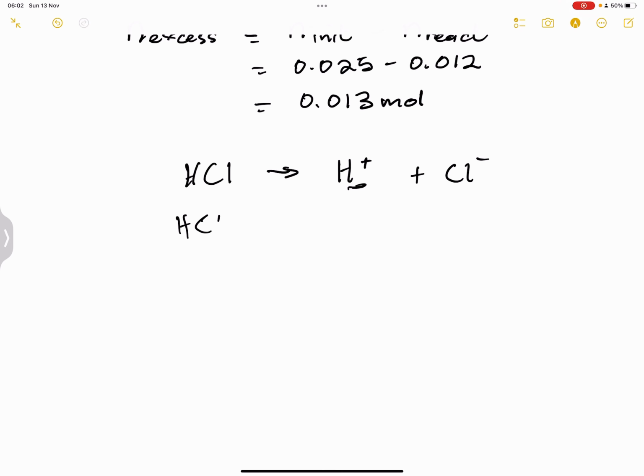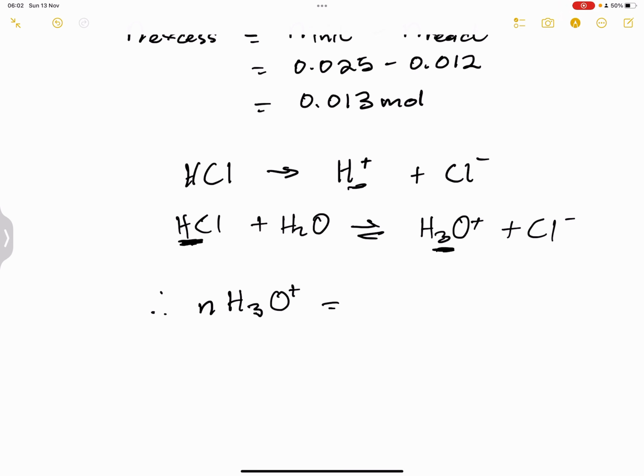If you really want to be pedantic about it, you can write it in full, showing the water molecules. So you get H3O plus plus Cl minus. So what I'm trying to get you to is that for every 1 mole of hydrochloric acid, you also get 1 mole of hydronium ions.